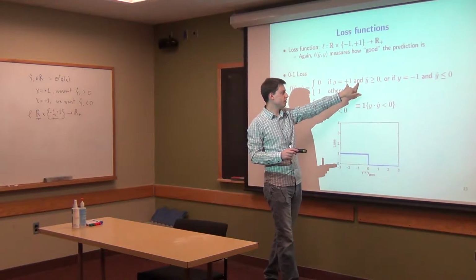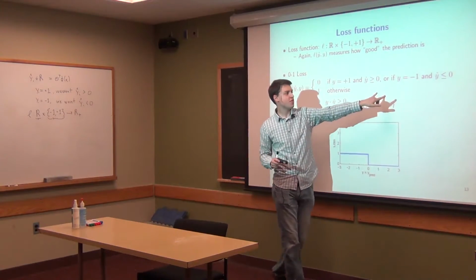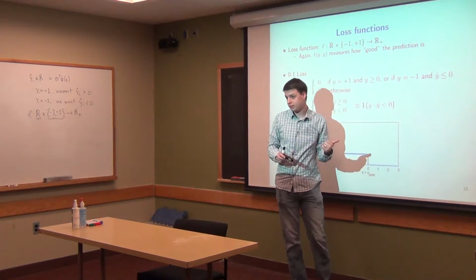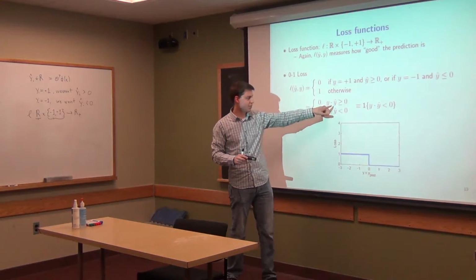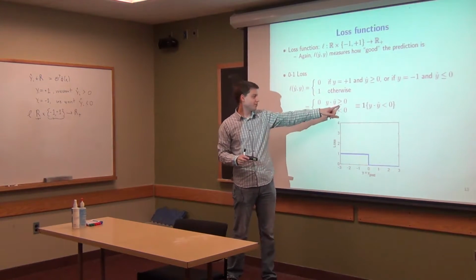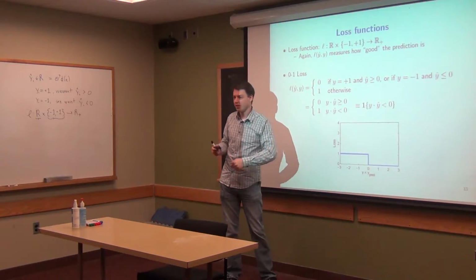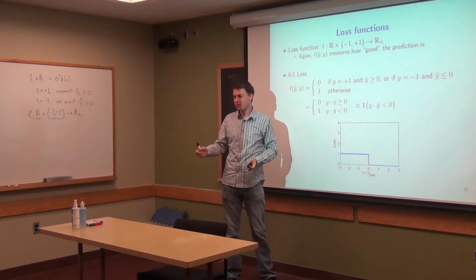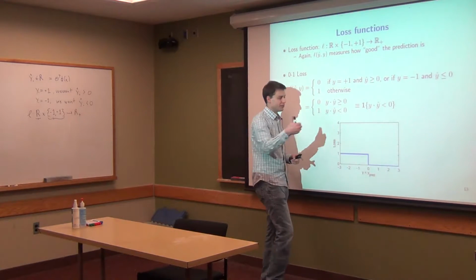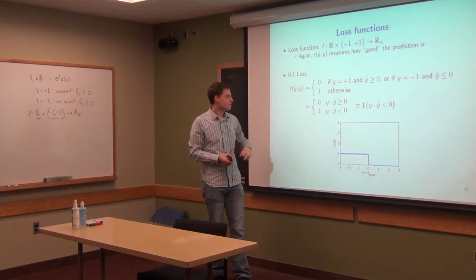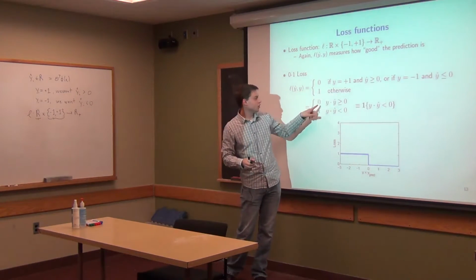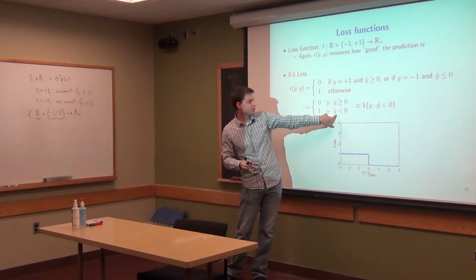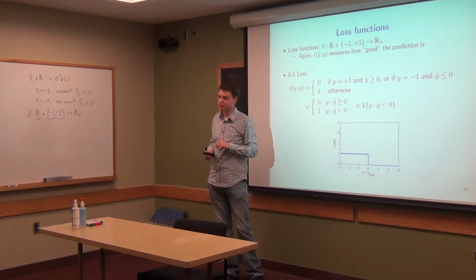Because if these are both positive, the product will be positive, and if both are negative, the product will also be positive. So we suffer 0 loss if this is positive. And here I'm treating a prediction of 0 as okay. And our loss is 1 if this product is negative.